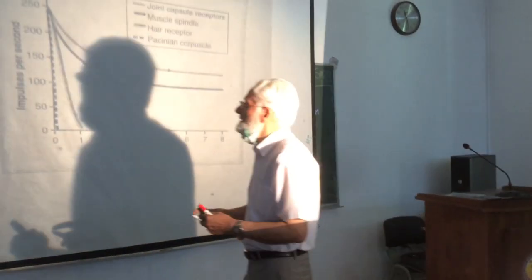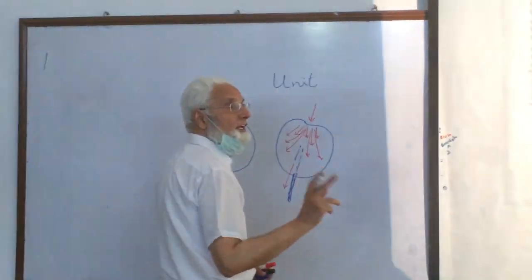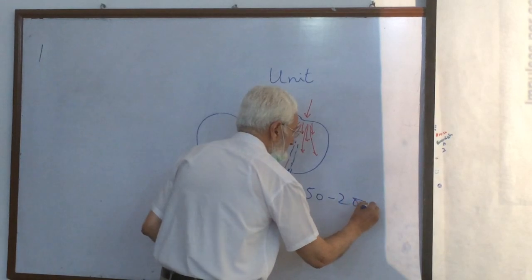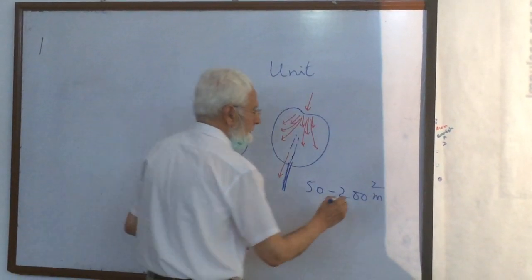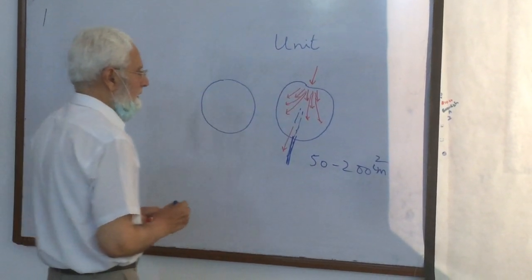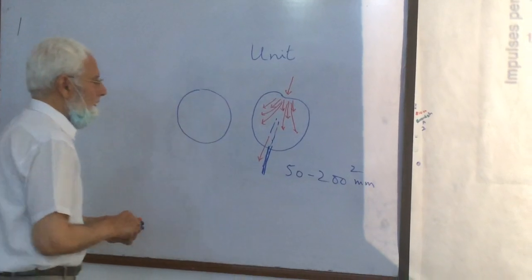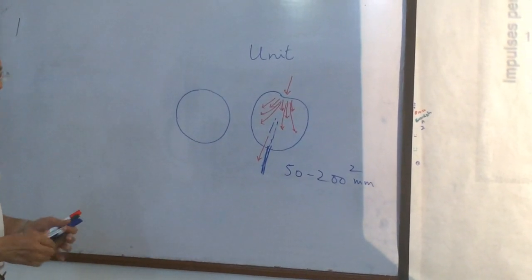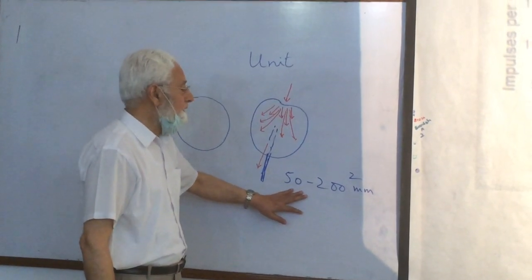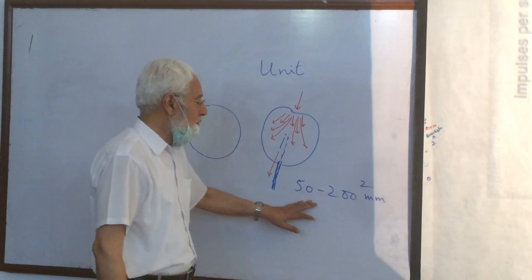Now in the cornea and sclera, the receptive field of the sensory unit is 50 to 200 square millimeter.